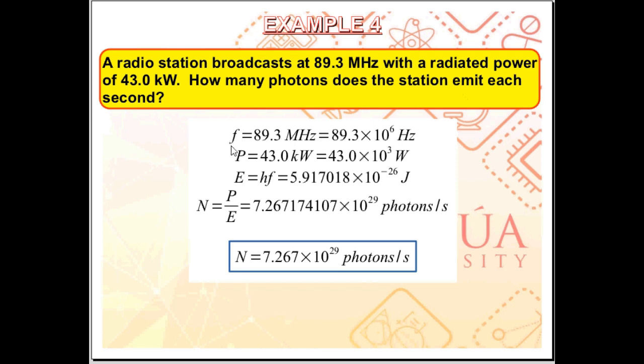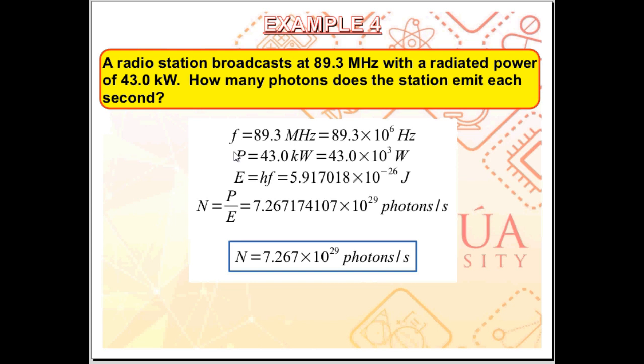So let frequency f be equal to 89.3 megahertz, or 89.3 times 10 to the 6th power hertz. The power of the radio station is 43 kilowatts, or 43 times 10 to the 3rd power watts.